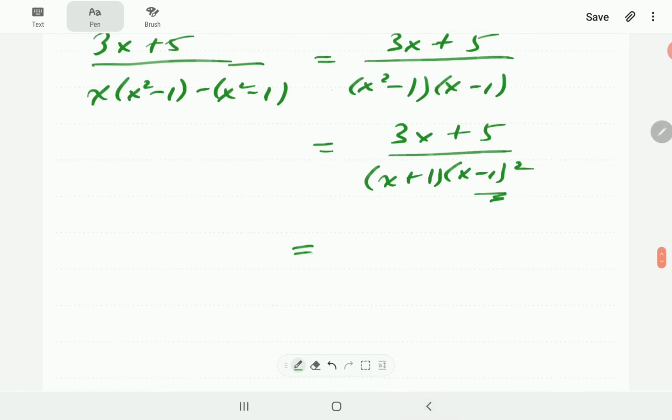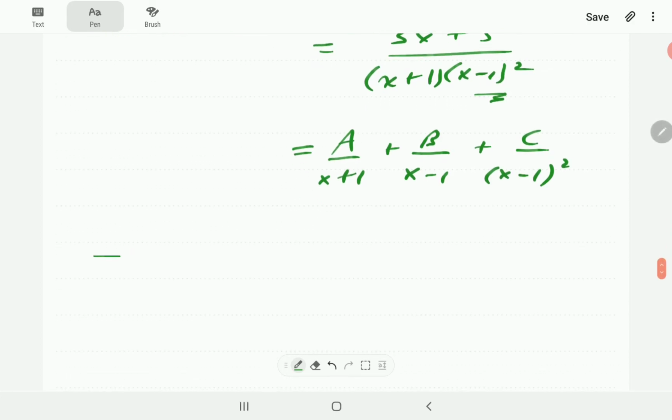So that means we can write this as a over (x plus 1) plus b over (x minus 1) plus c over (x minus 1) squared. So again, this cluster of factors gives us two partial fractions.